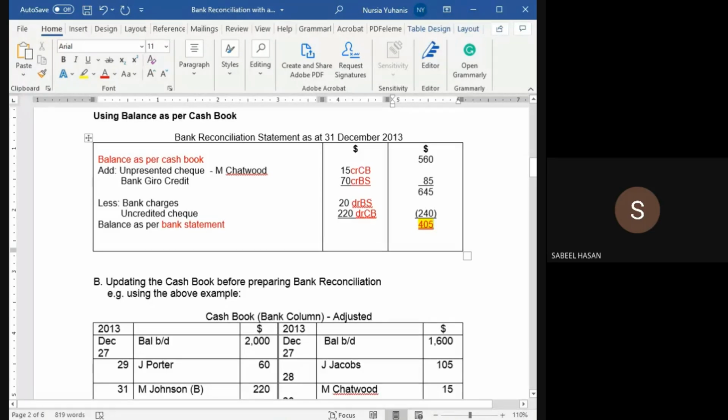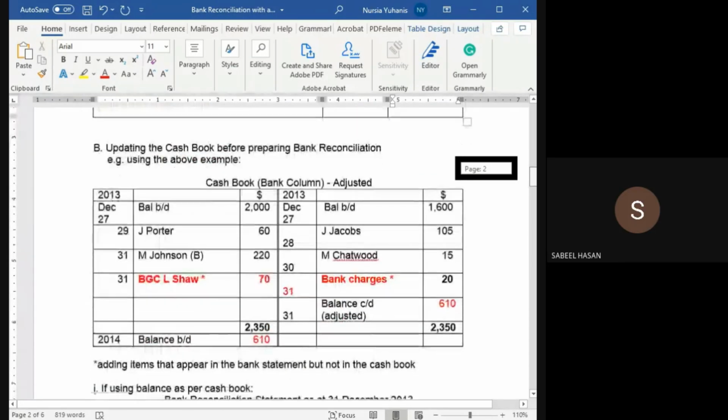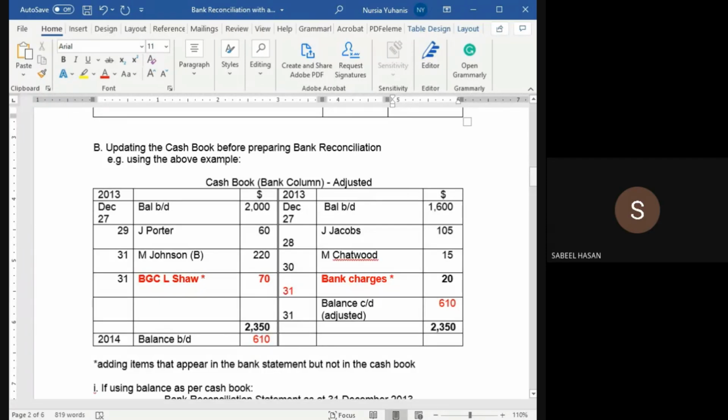Or you can adjust your cash book before you prepare your bank reconciliation statement. You adjust the cash book by putting those items that are available in the bank statement but not in your cash book, which are the bank charges and also the bank giro credit.